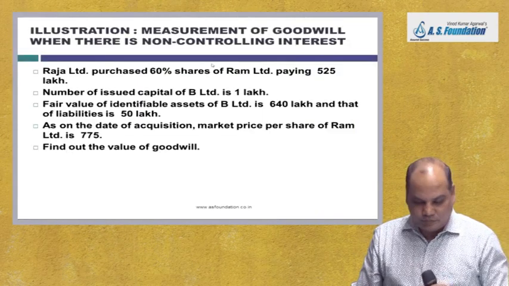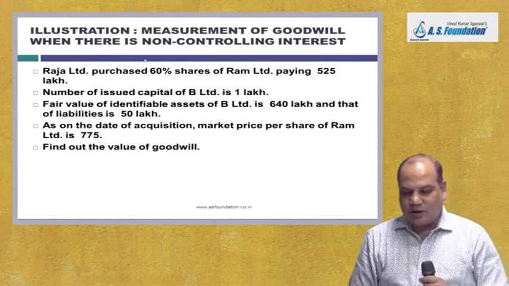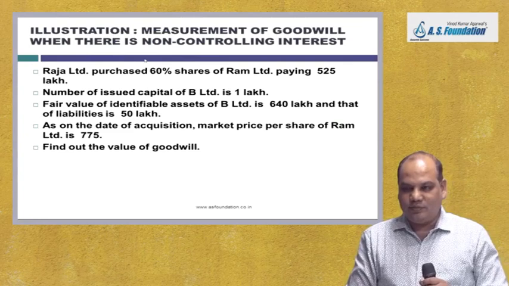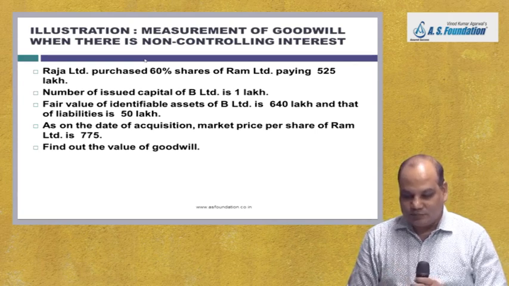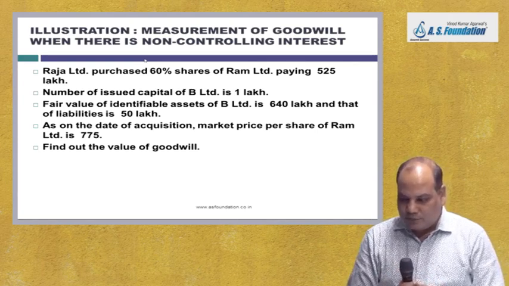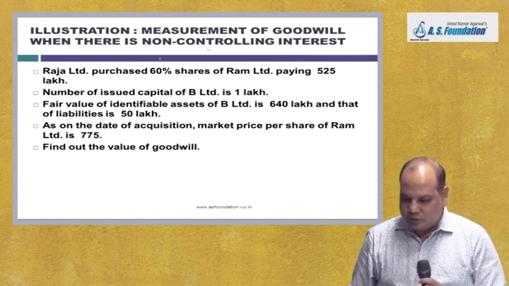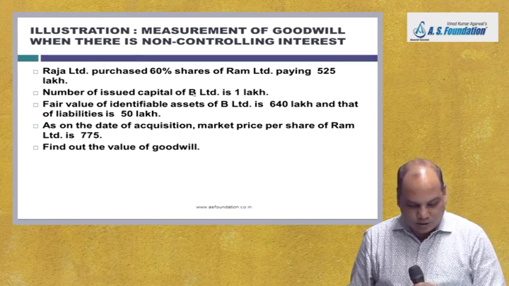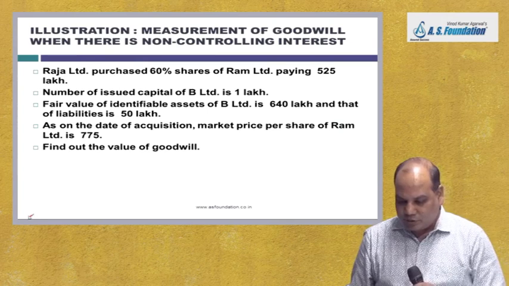Okay. Next question, problem number 1. Raja purchased 60% share of Ram Limited, paying 525 lakh. The number of issued capital of Ram Limited is 1 lakh.